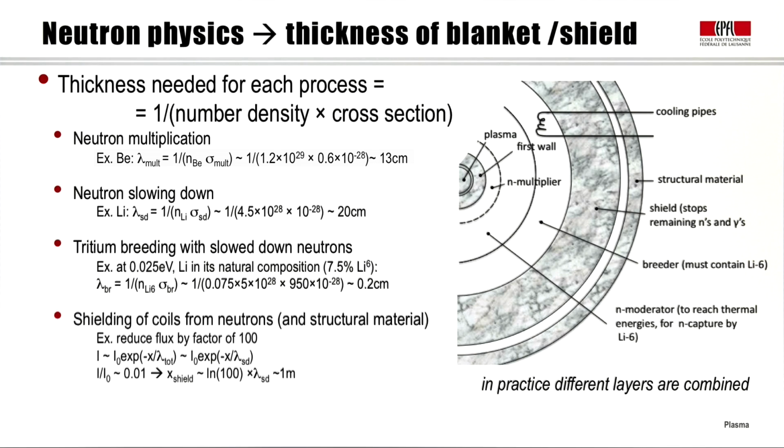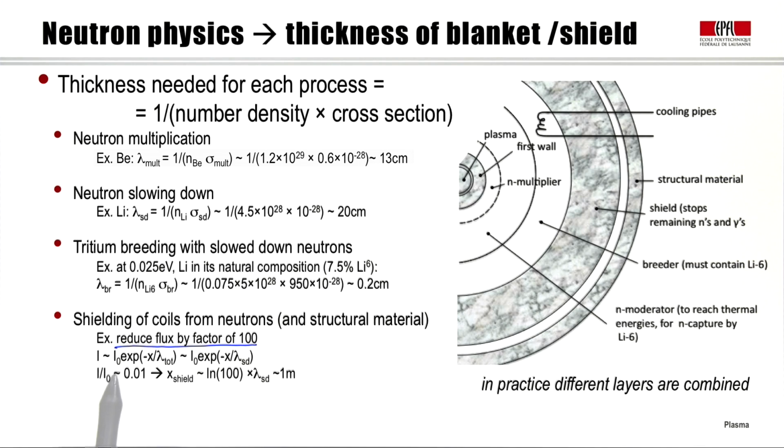Finally, we need to shield the coils and the rest of the plant from the neutrons, and that in fact is the task that imposes the largest of the thicknesses. For example, let's say we want to reduce the flux by a factor of 100, so we only allow 1% of the neutrons issued by fusion reactions to arrive at the coil surfaces.